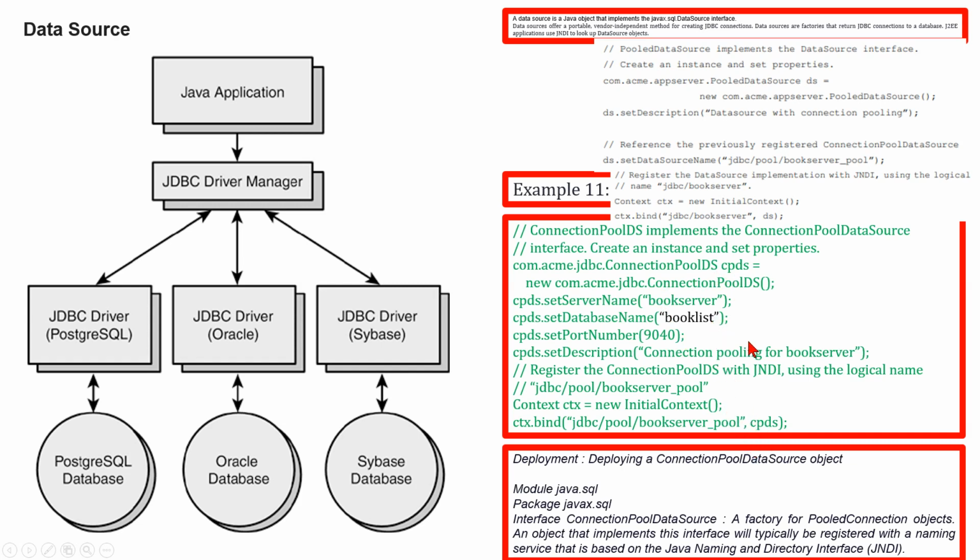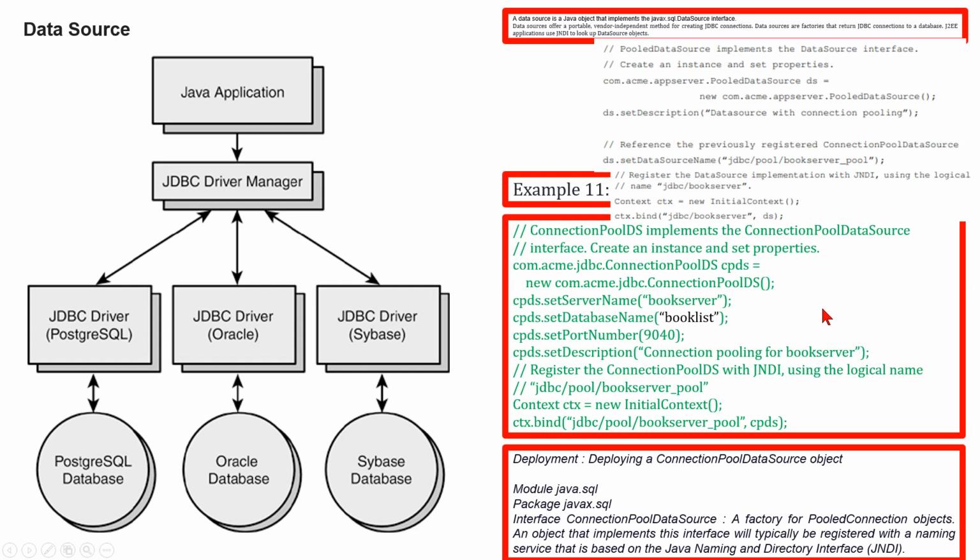The ConnectionPoolDataSource interface, in package javax.sql in module java.sql, is a factory for PooledConnection objects. An object that implements the interface will typically be registered with the naming service that is based on the Java Naming and Directory Interface, JNDI.